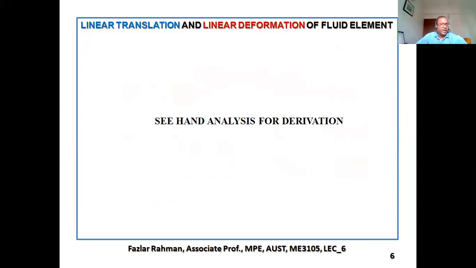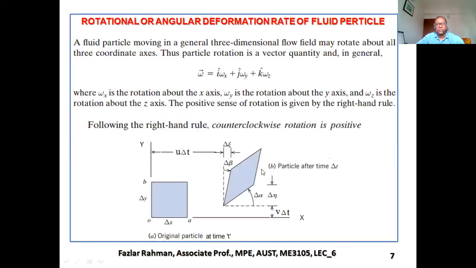What we'll do, we'll derive two formulas. One is, if a fluid element has a linear deformation, then what would be the equation of the fluid motion? The other one is, if there is angular deformation in the fluid and there is rotation, then what will be the equation of motion of the fluid particle.